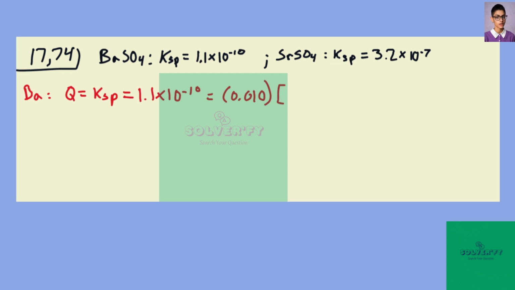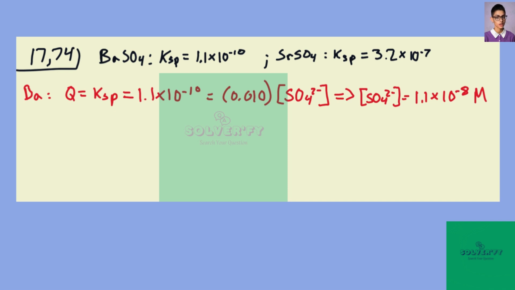And then we multiply by the concentration of sulfate, which is SO4 2-. And we solve for the concentration of sulfate, and we get 1.1 times 10 to the minus 8 molar.